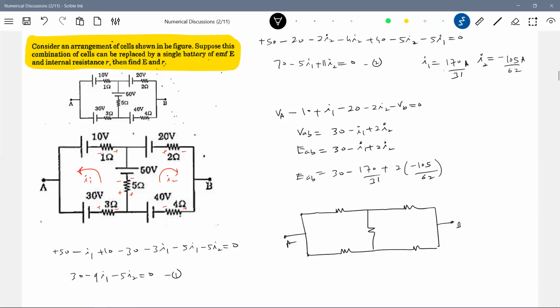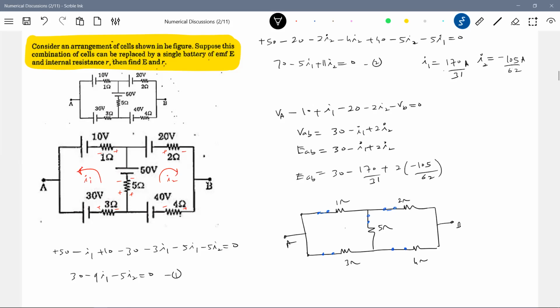So all the cells are replaced with a short circuit. Then you find out the effective resistance. So this will be 1 ohm, 2 ohm, 5 ohm, 3 ohm, 4 ohm.